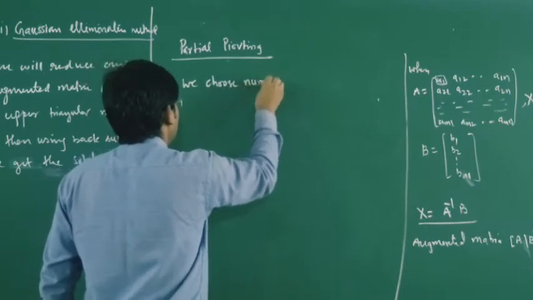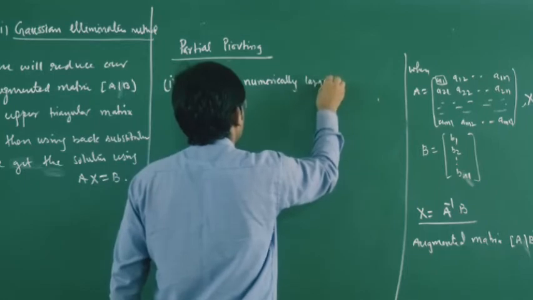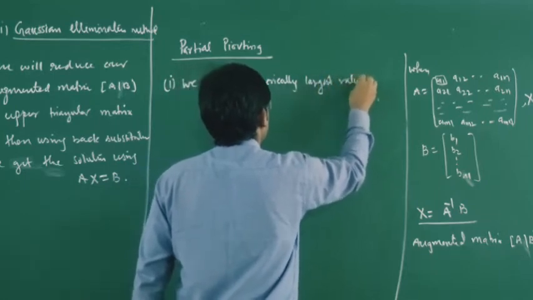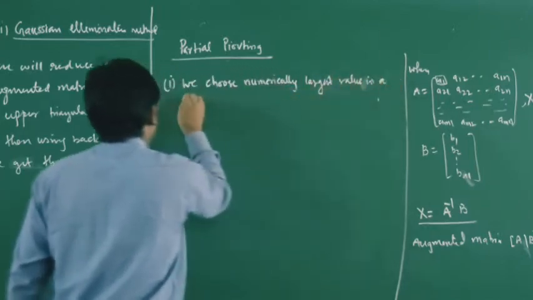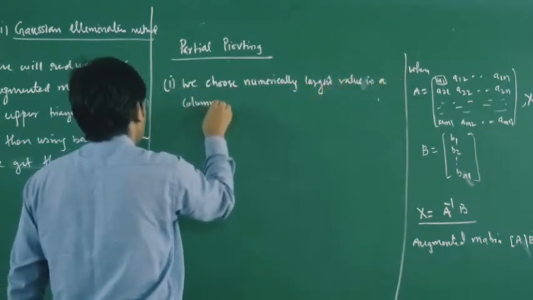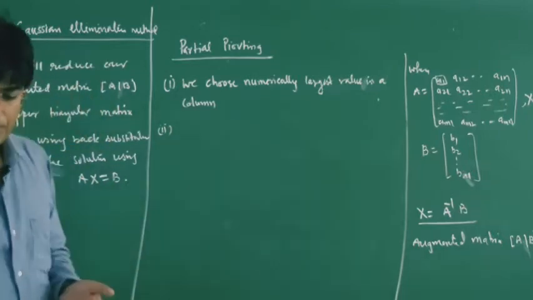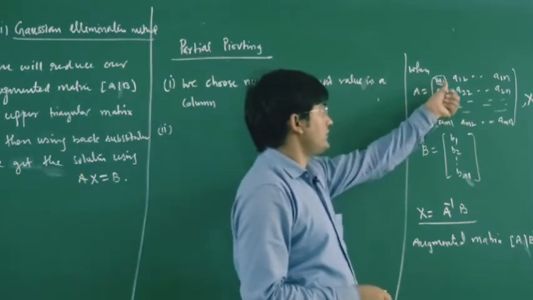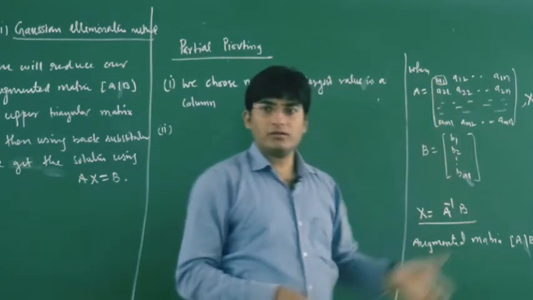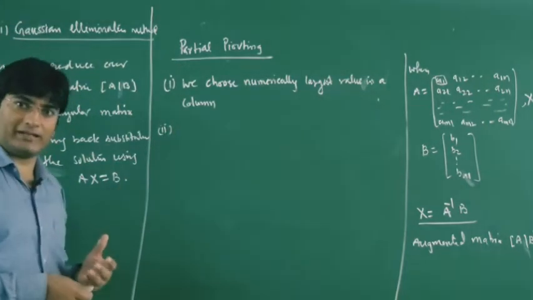the numerically largest value in a column. So if it is in the first column, if this numerical value is at this place, then with the help of this value we will try to annihilate the remaining elements.